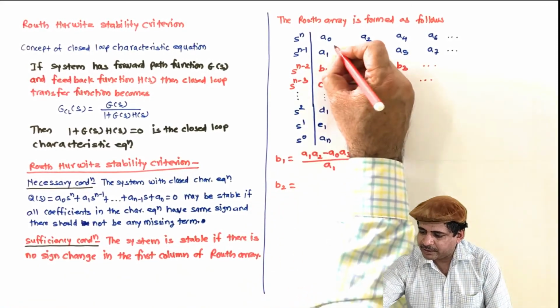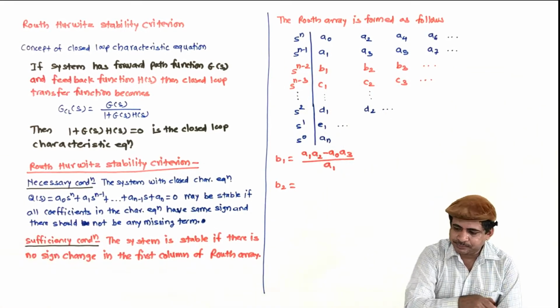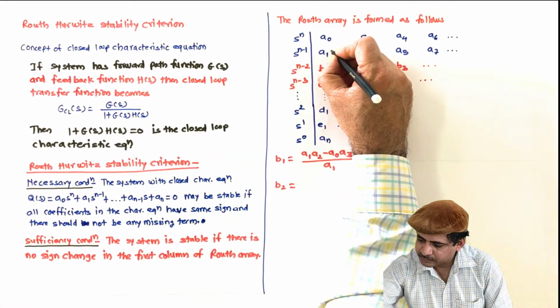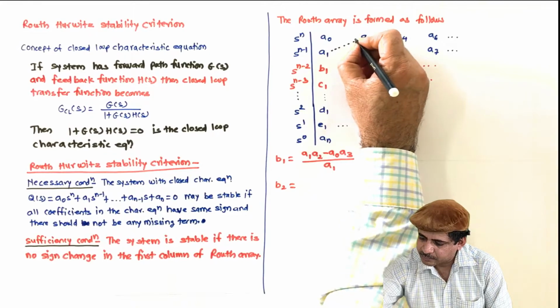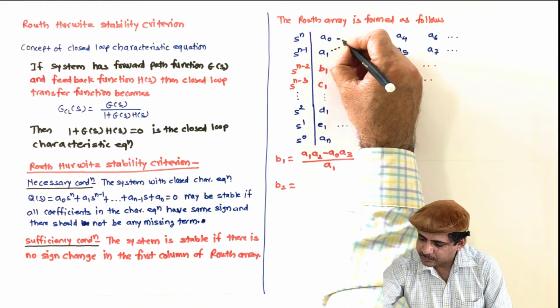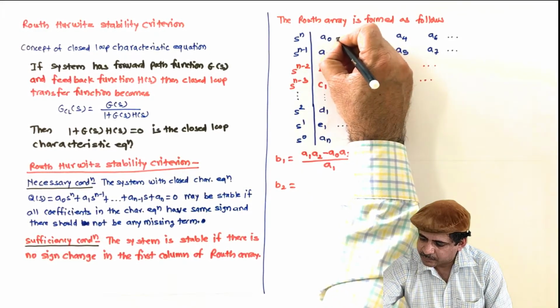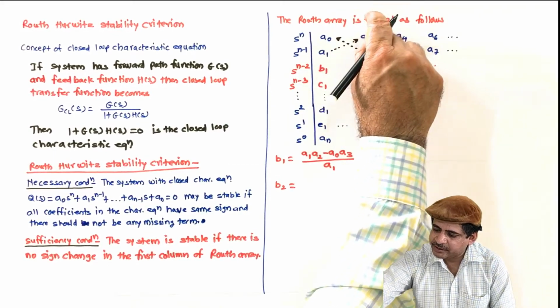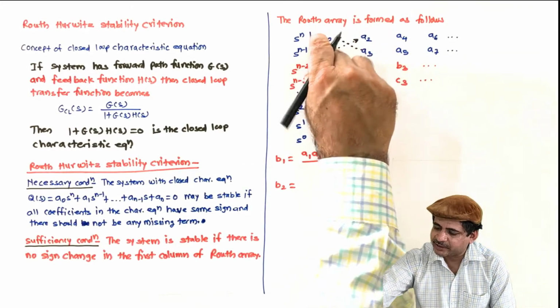B2, how to calculate B2? B2 is calculated by, say, let us mark it here: this multiplied by this minus this multiplied by this, divided by this.